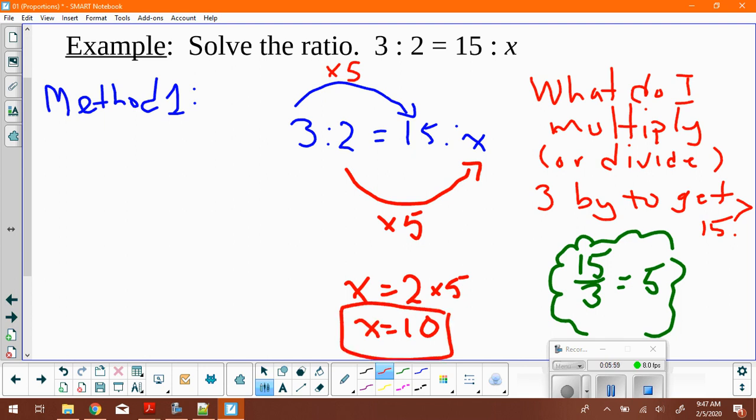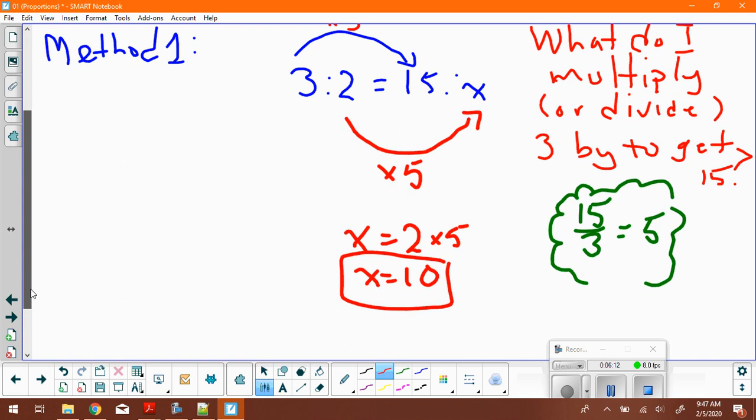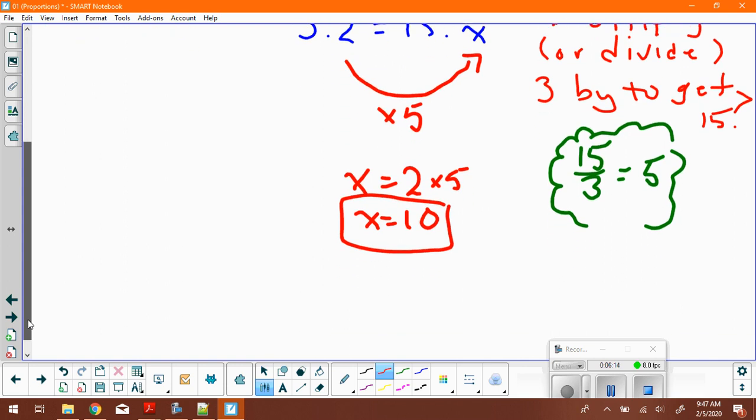That's one way you can solve them, just by looking at the numbers and thinking, how did I move from one ratio to the other? It's a lot like doing equivalent fractions. Method number 2.